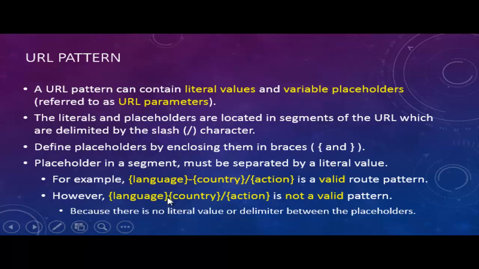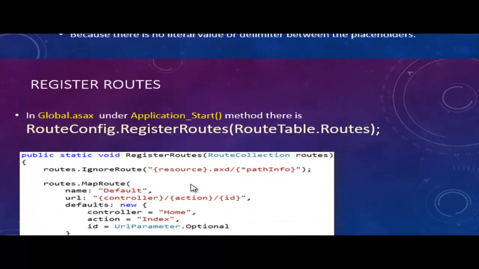In that case, this particular route is not valid. So if you want a valid route, and you want to put two variables or two parameters in between slashes, it can be here or any other place, you will have to separate them by some type of literal.